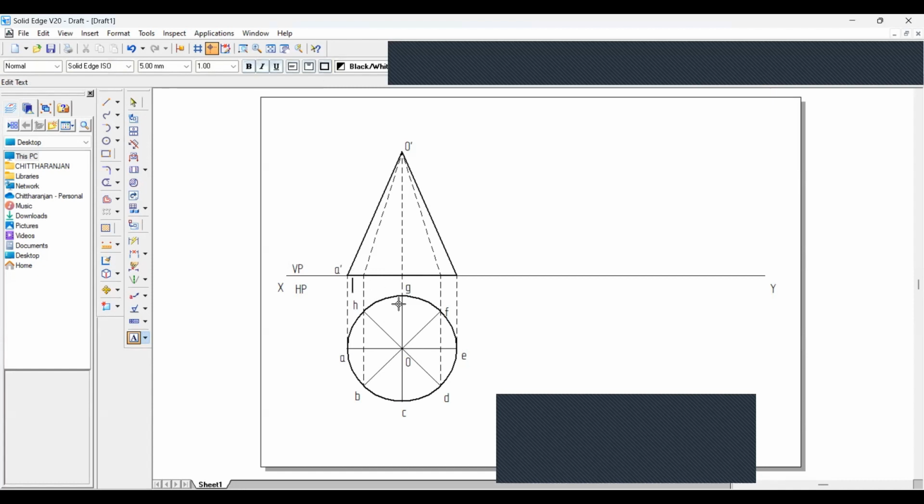There should be B dash with square bracket H dash, then C dash with square bracket G dash, and D dash with square bracket F dash, and now A dash. The naming should be visible, so move it according to your diagram and position.